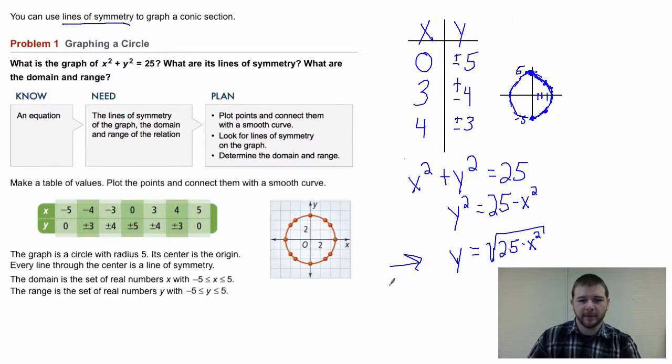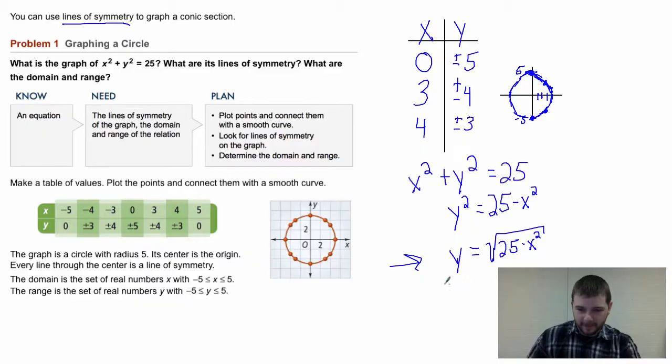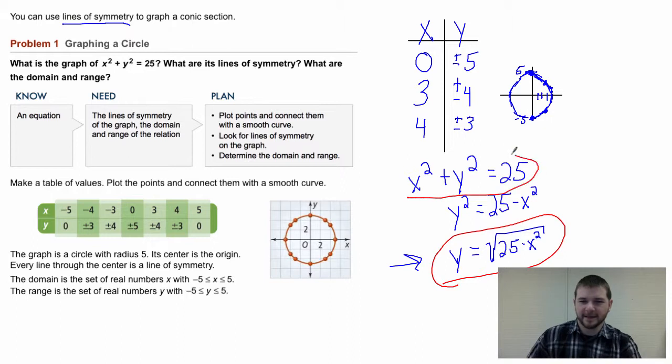So let's suppose for a moment that you do live in that crazy world where everybody walks around with a graphing calculator in their pocket, and you would like to graph this using some form of graphing utility. Well, this would be the form you'd most likely want to plug in to that graphing utility in order to get the graph. Most graphing utilities, I think I can say that confidently, wouldn't deal very well with an equation written this way.